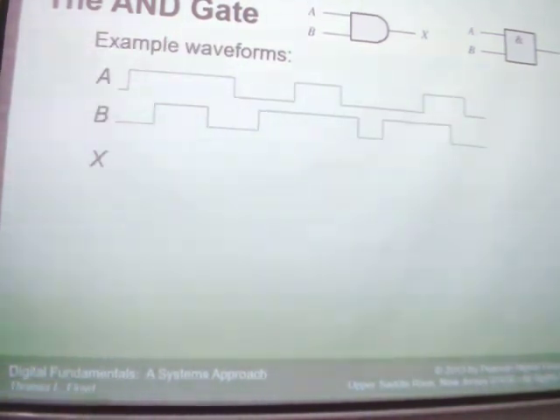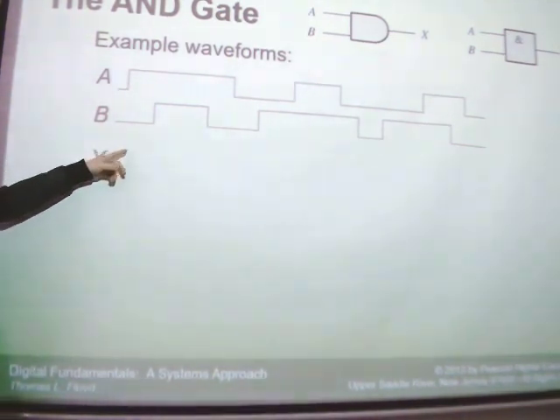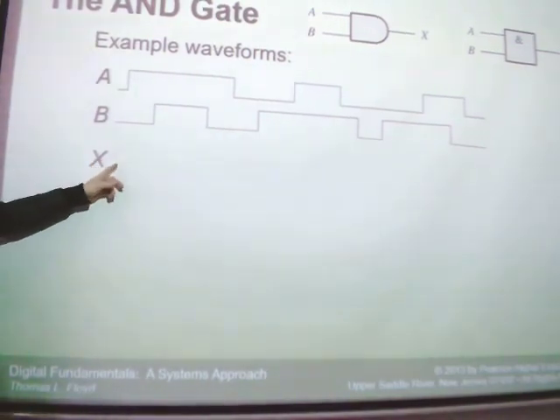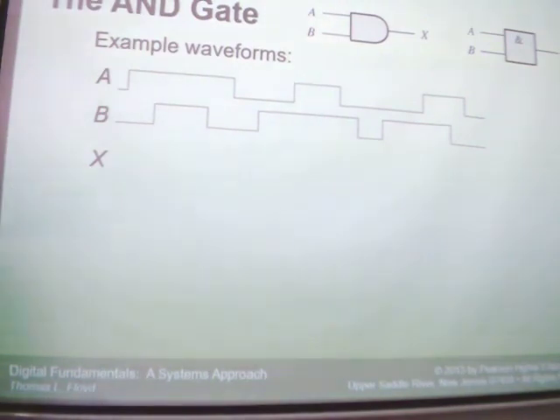The AND gate waveform is like this. First is the waveform of A, and the waveform of B. Then we can get the waveform of X like this.